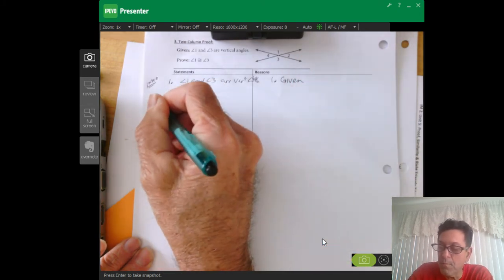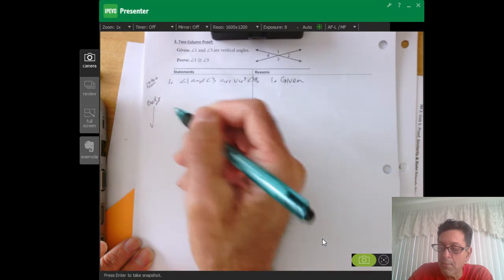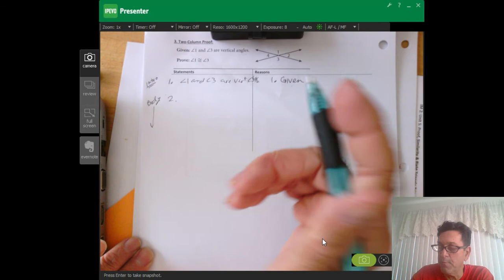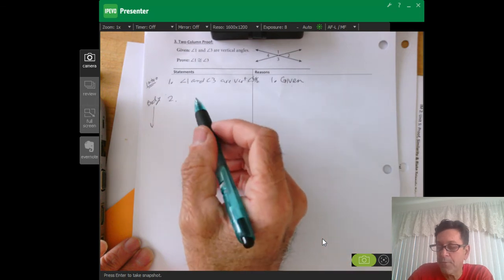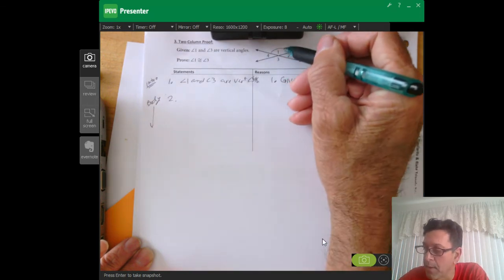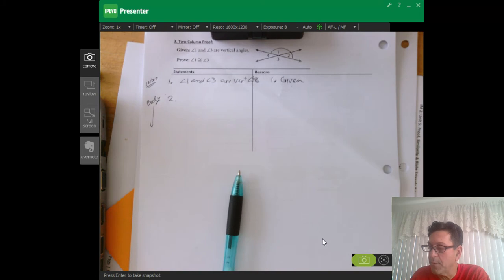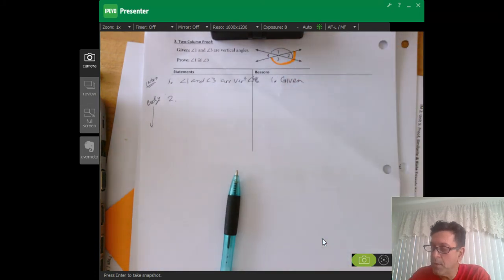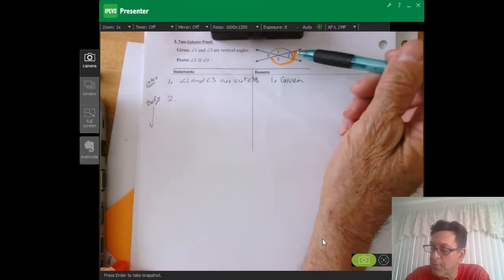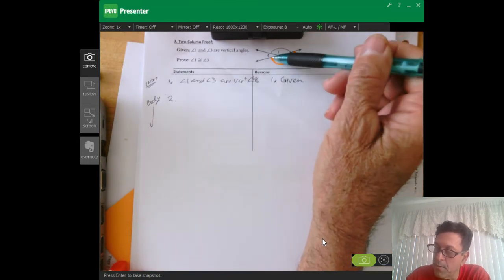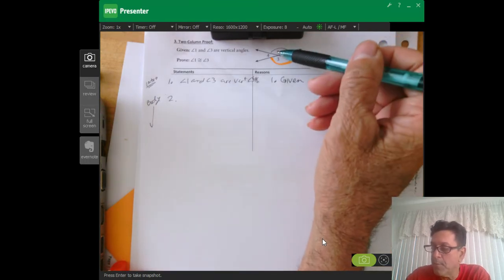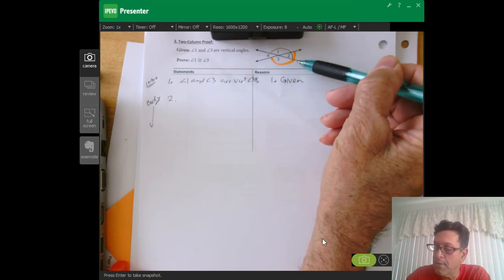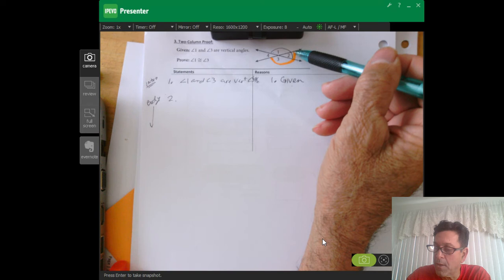Now we're going to start with our body. Our body is going to keep going down, start here and go down until we complete everything we need to prove our case. So just like before, we look at angle 1 and angle 2, and also angle 2 and angle 3, and we know the definition of not supplementary angles, but linear pair, and that's what these form. So remember, two angles that share a side and form a line at the base, that's a linear pair.